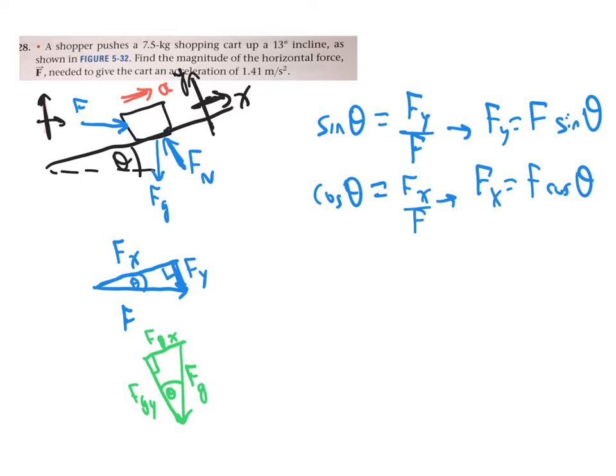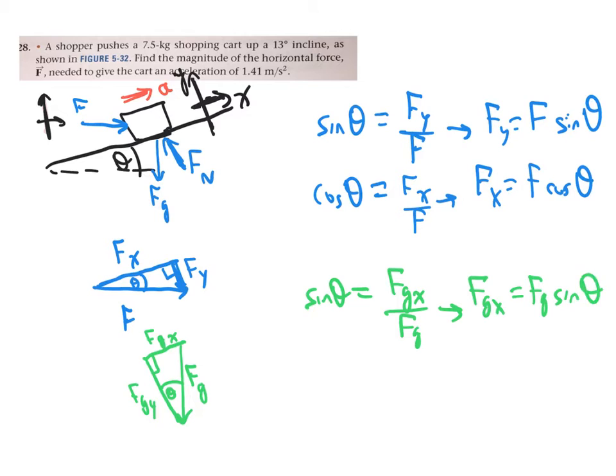It's going to be the same thing, but look a little stranger here when I say, well, in the green triangle, the sine of theta is the opposite side over the hypotenuse. But now the opposite side is Fgx, and the hypotenuse is Fg. So that tells us that Fgx equals Fg sine theta.